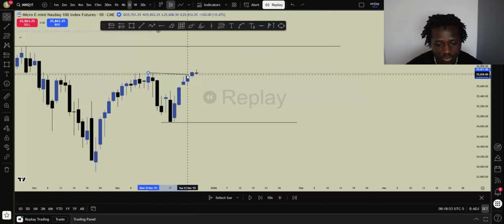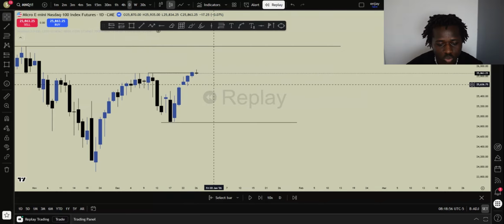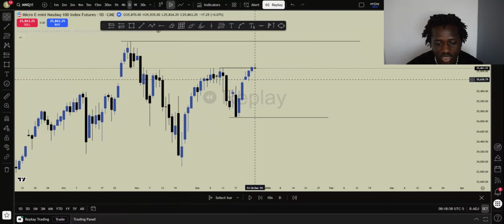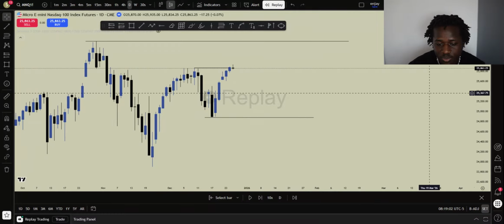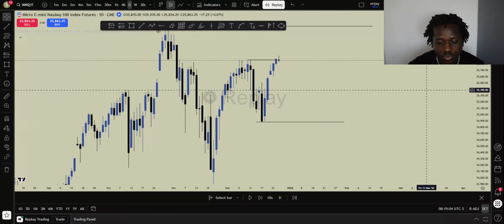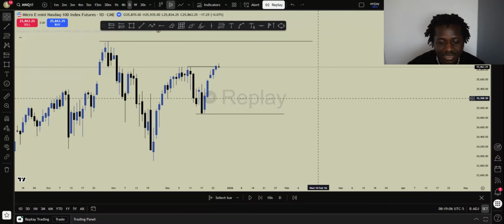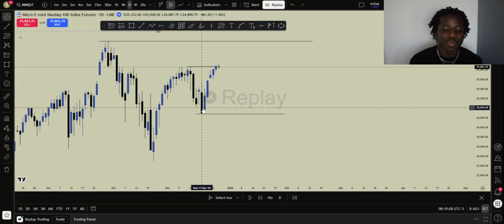We sweep those relative equal highs, and we can see the volume imbalance clearly on the daily time frame. So we're obviously expecting lower prices. That doesn't mean that we can't find good buy setups or whatever, but we already have that understanding of what the overall direction is going to be on the higher time frames, right?